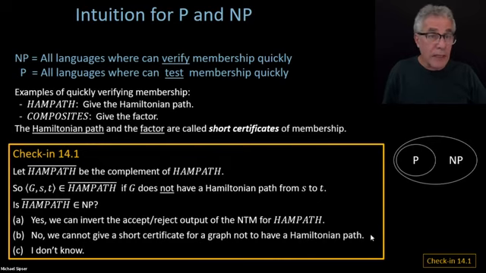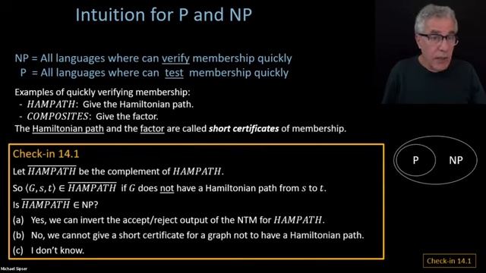If P equaled NP, then you can test in polynomial time whether a graph has a Hamiltonian path. And then the computation itself would be a certificate, whether it has a path or whether it doesn't have a path, because it would be something that you can check easily.